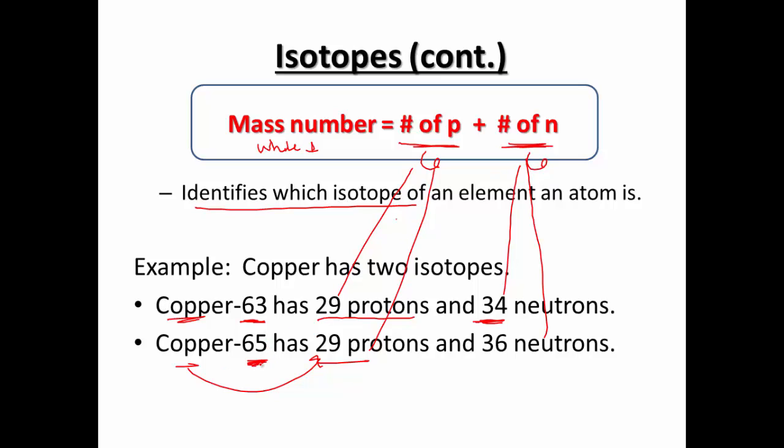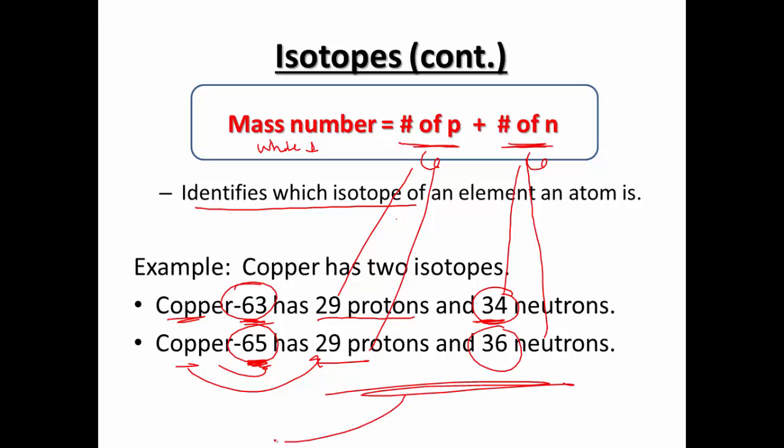So mass number helps us identify which isotope we're talking about, whether it's this one or that one. And then you can reason out how many neutrons there must be, because it has to add up to 63 and 65. Or vice versa, I could provide you this information here and make you come up with the mass number as well. Okay? There's a question in your notes there explaining why isotopes of the same element have different masses. You should be able to answer that question now as you do that one.